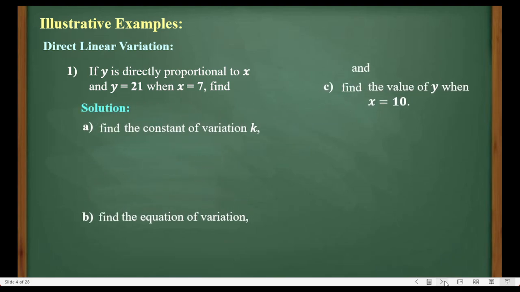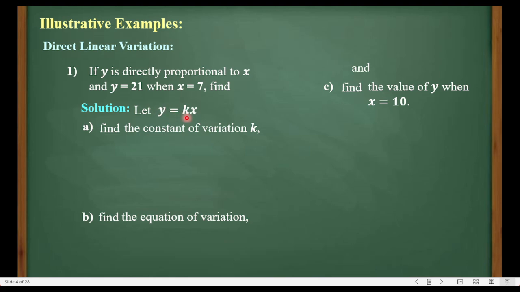Now, for our solution in number 1, let us consider answering first letter A. But first, let us try to translate this particular statement, which is y is directly proportional to x. Since this is under the direct linear variation, the translation of this statement using k as the constant of variation would be y equals kx.